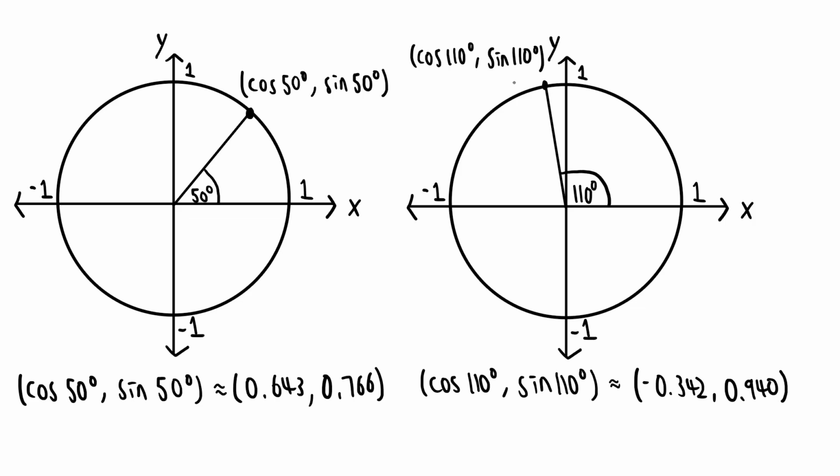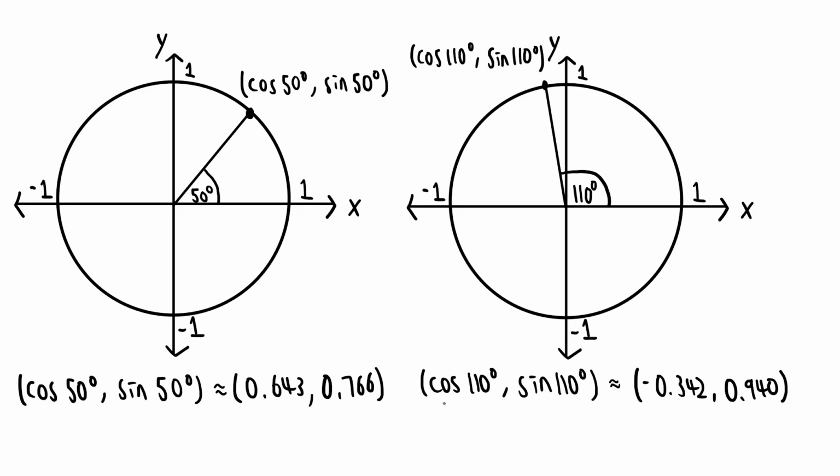So you can see that cosine of 110 degrees has a negative value while sine of 110 degrees has a positive value, since this point lies in the second quadrant where the x-coordinate has a negative value and the y-coordinate has a positive value. So out of interest, the point (cosine of 50 degrees, sine of 50 degrees) is approximately the point (0.643, 0.766).